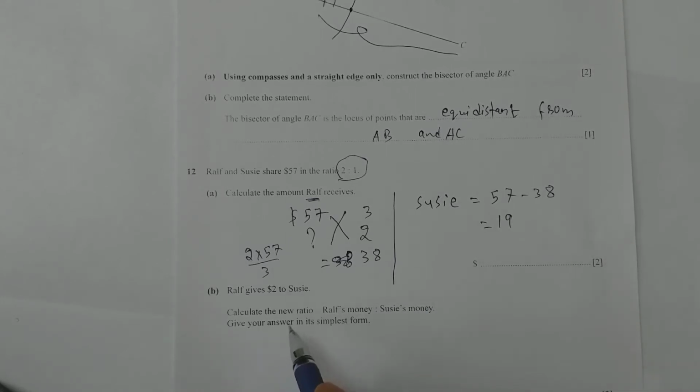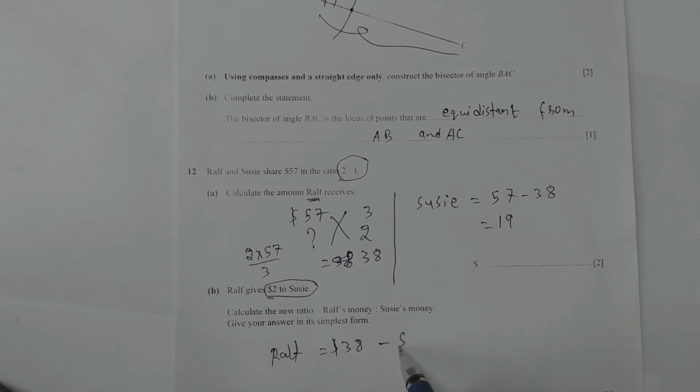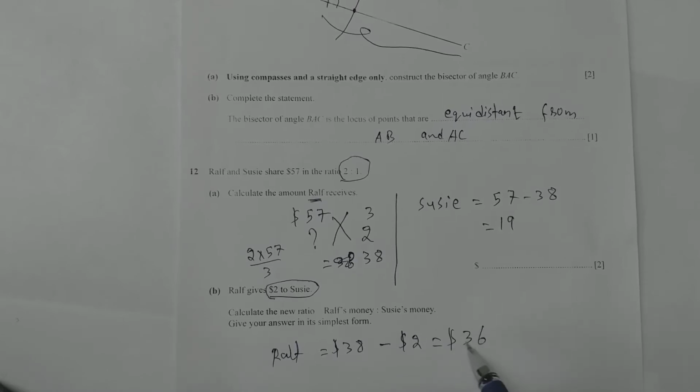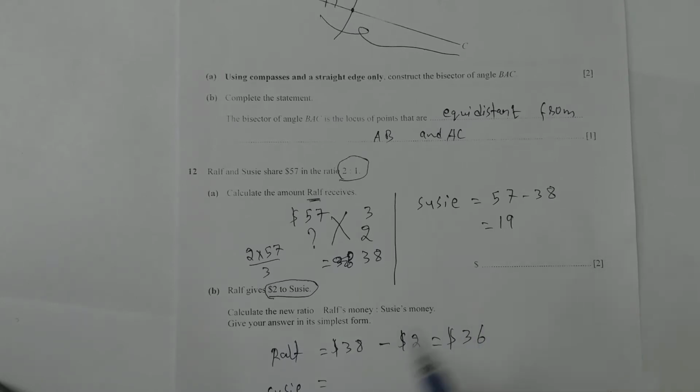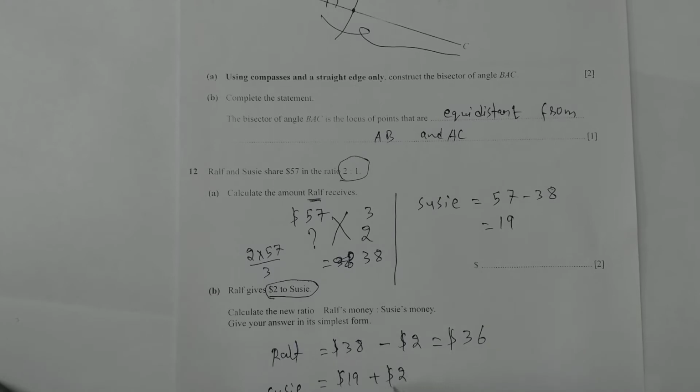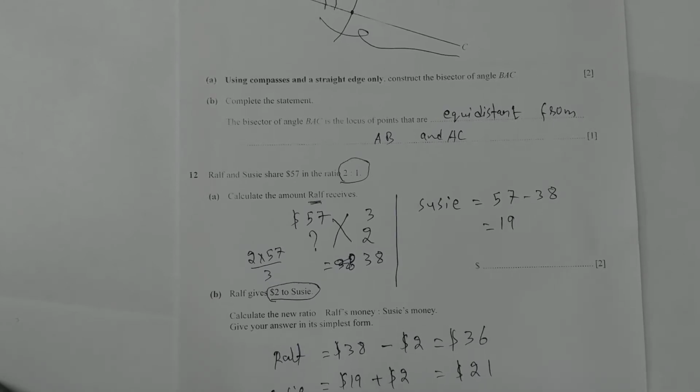So now see here. Ralph gives $2 to Susie. So Ralph had $38. He is giving $2 now. So how much is left with him? $36 now. Now Susie. Susie had how many dollars? Earlier 19. She got $2 from Ralph. So her total dollars now is 21.